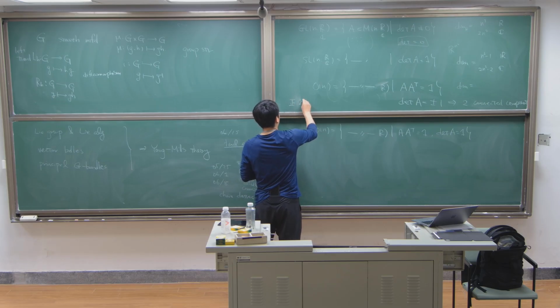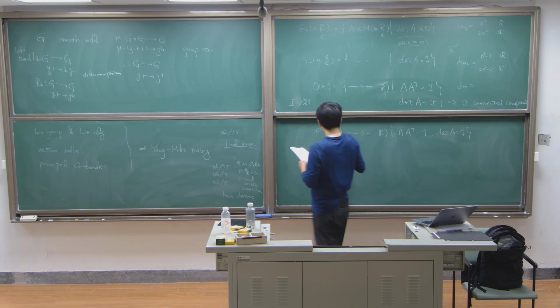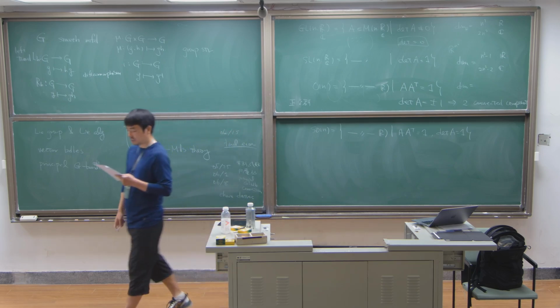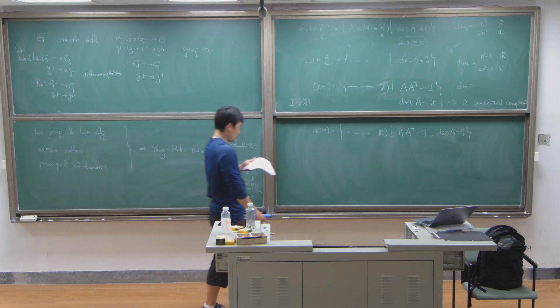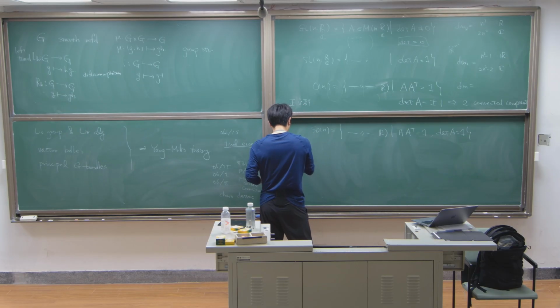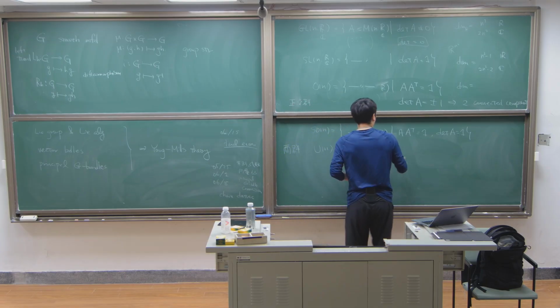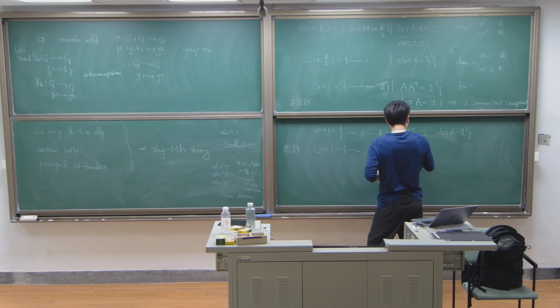Then the other is the unitary group, U(n), where A dagger A is equal to 1.